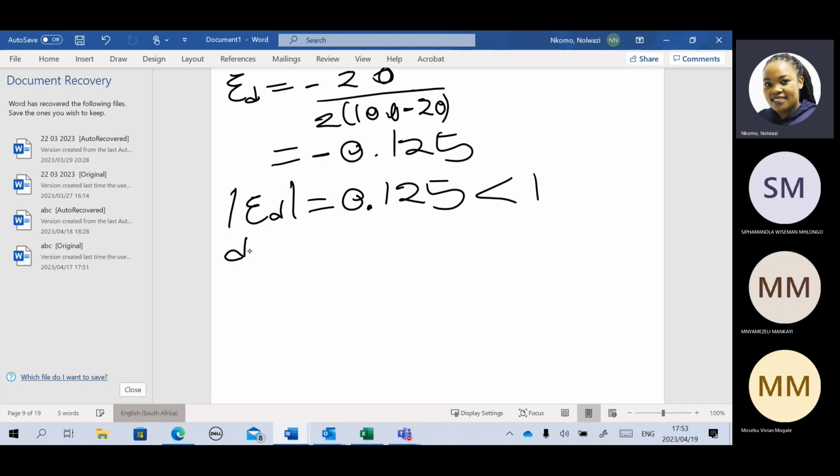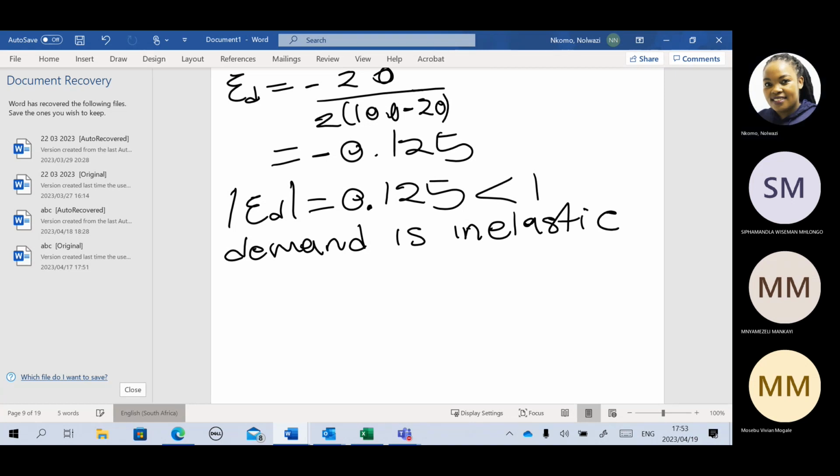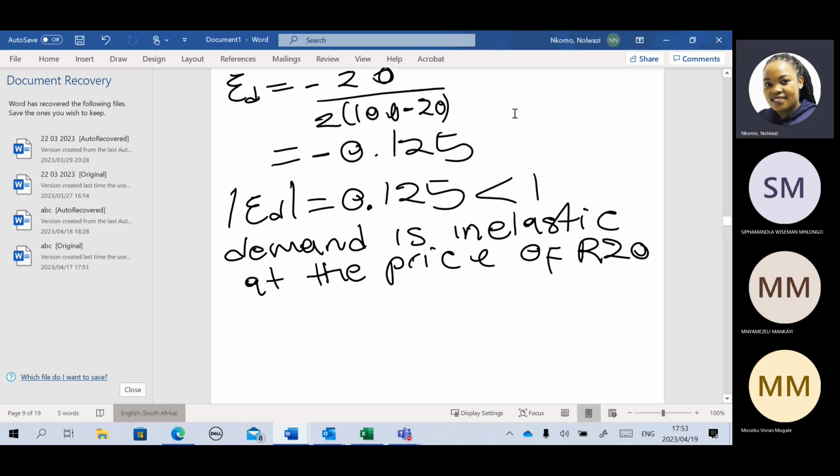So we can say demand is inelastic at the price of 20 rand.